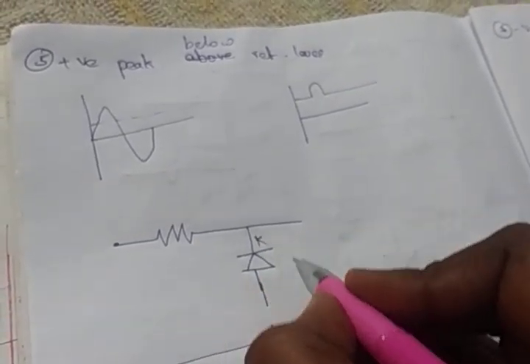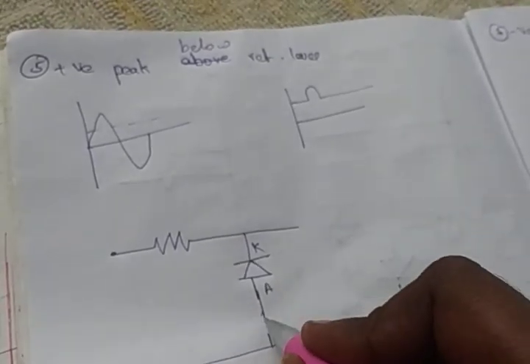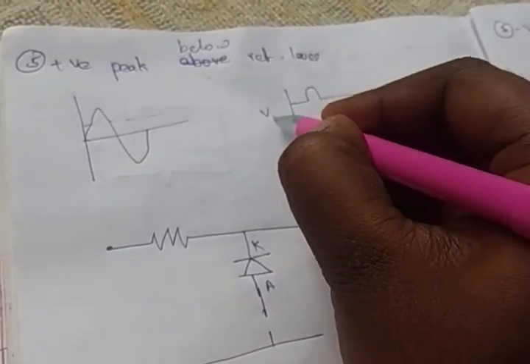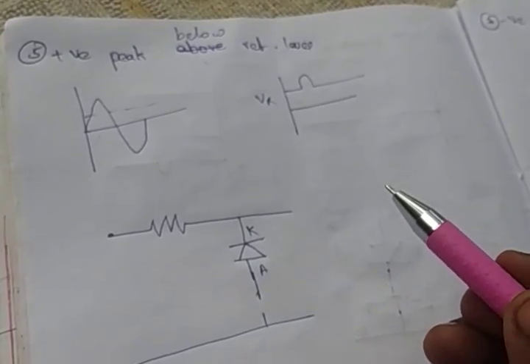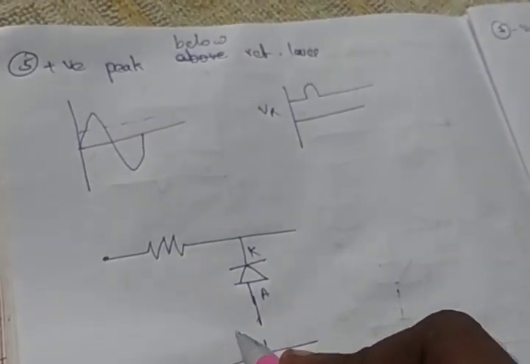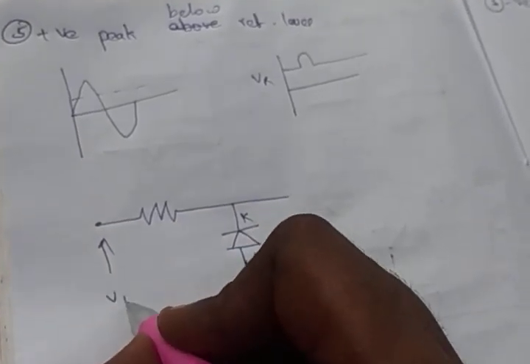So we have to connect the cathode here, and up to VR, the diode should be in on condition. Why? Because only when it is on do we get the output like this. So we have to connect positive, plus minus, a fixed voltage VR. So Vi, we get the output here.